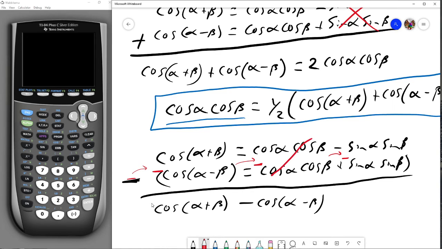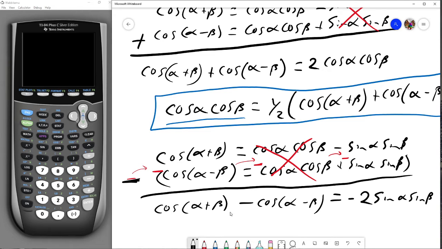And that means now these two terms are going to cancel out because you have a positive cosine alpha cosine beta in the top, but it's being subtracted by a cosine alpha cosine beta from this bottom equation. Alright. So what we are going to be left with is actually -2 copies of sine alpha sine beta.